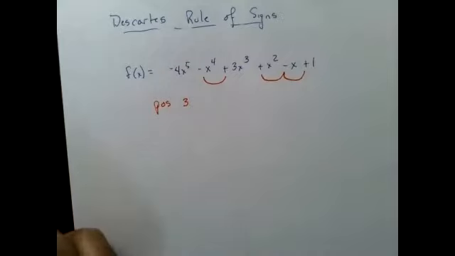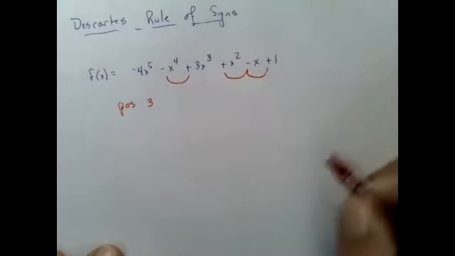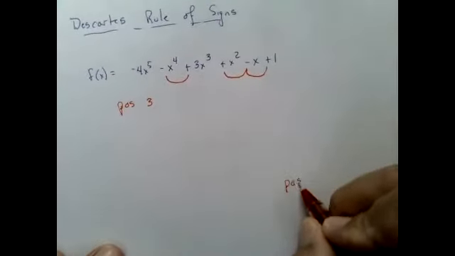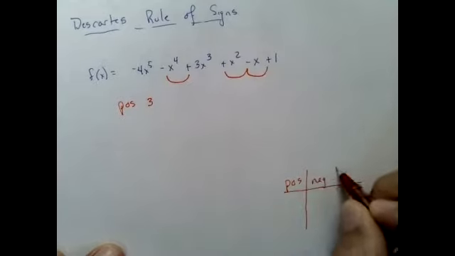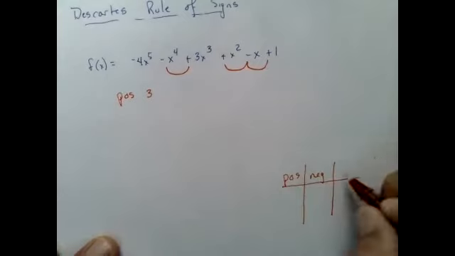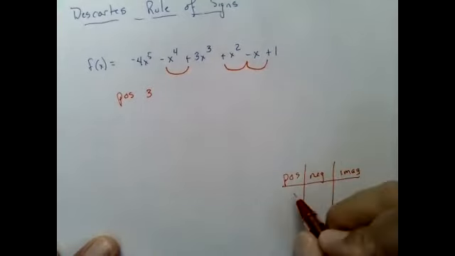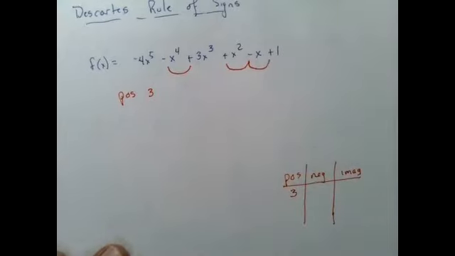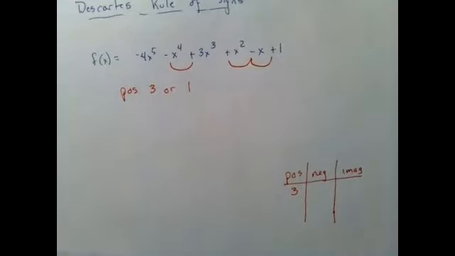But then he learned later that, oh no, there's also imaginaries. And when I want to know the possible solutions, I need to know how many are positive, how many are negative, and possibly imaginary. Okay, so I say there's 3 positives, but I'm going to also say or 1, because I'm going to subtract 2, because there could possibly be imaginaries that I didn't look into.